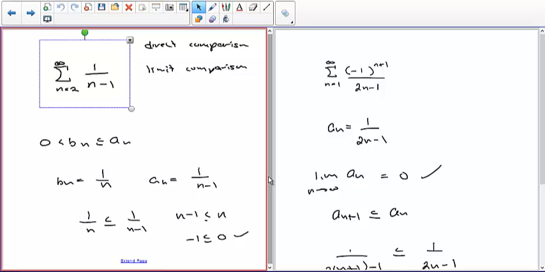So we go down to the limit comparison test, and it says as long as a sub n and b sub n are greater than 0, which they are, then if we take the limit of a sub n over b sub n, and that equals some value L, and that L is greater than 0, then if b sub n converges, a sub n converges also.